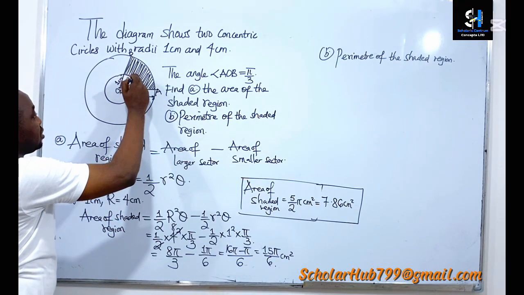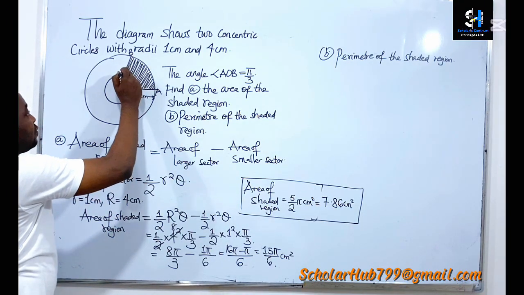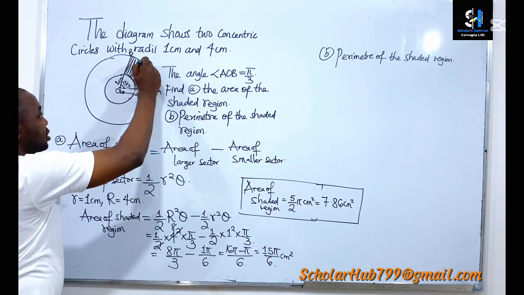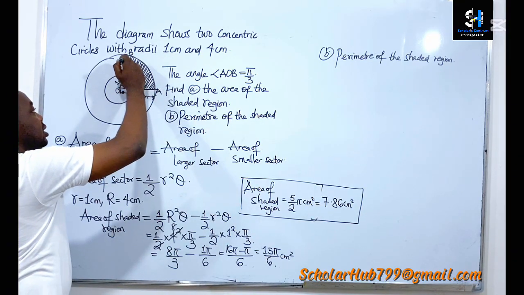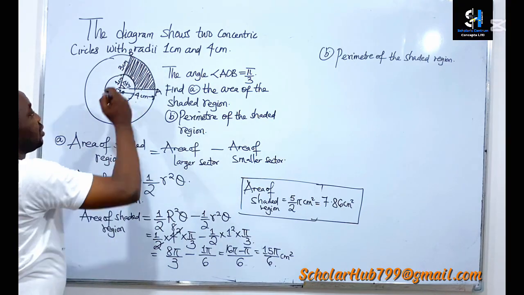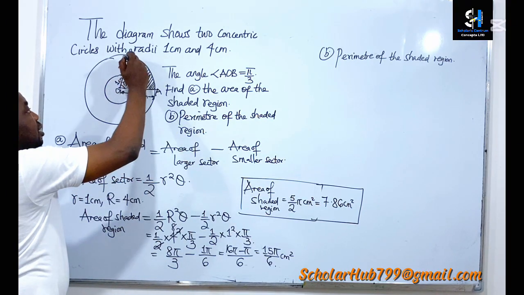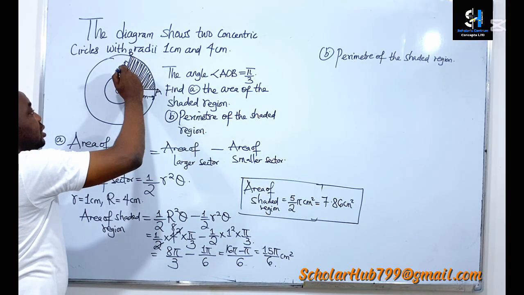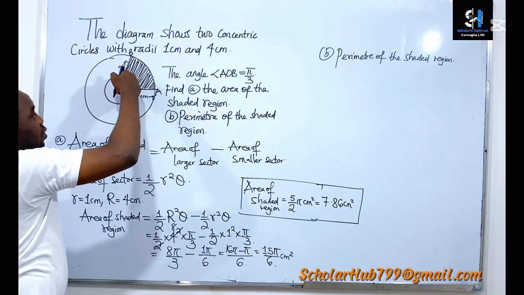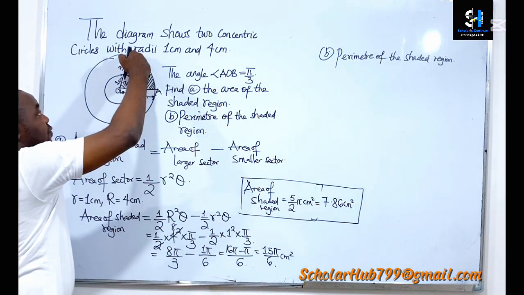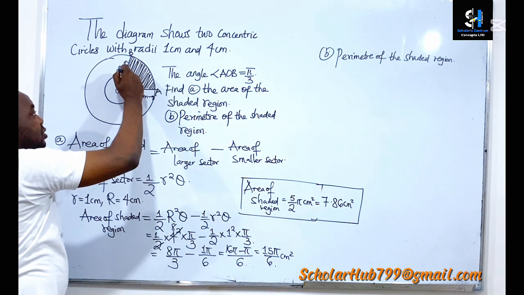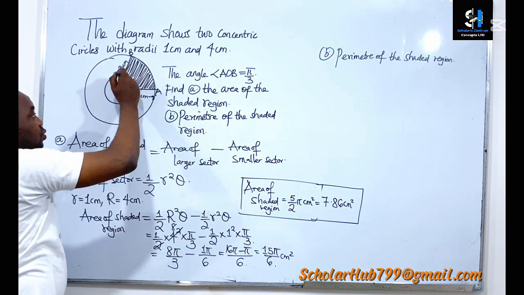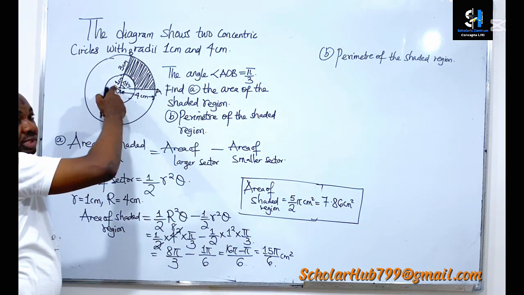This region has the length of this arc plus the length of this arc. I believe we know that this is 3 centimeters. That is from the external point of the inner circle to the circumference of the outer circle. But from the circumference of the inner circle to its center is 1 centimeter.